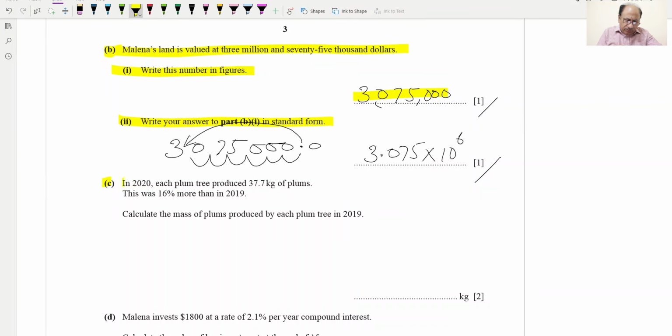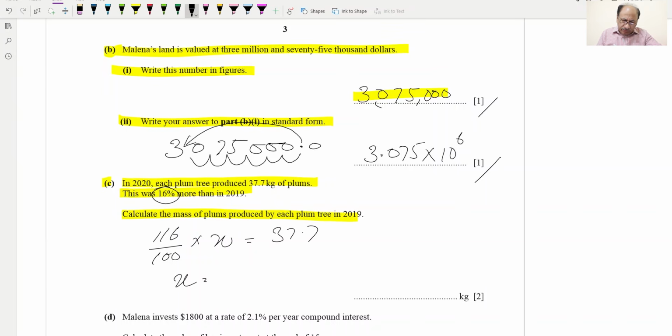Now C part, in 2020 each plum tree produced 37.7 kilograms of plums. This was 16% more than in 2019. Calculate the mass of the plums produced by each plum tree in 2019. So this is a reverse percentage question. 116% of X amount is equal to 37.7.